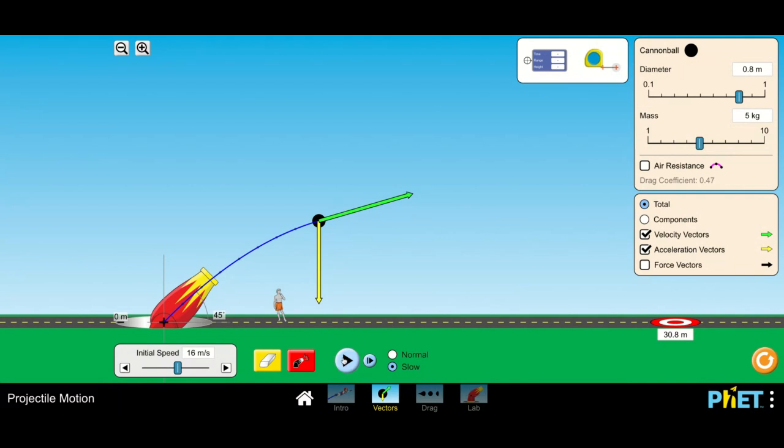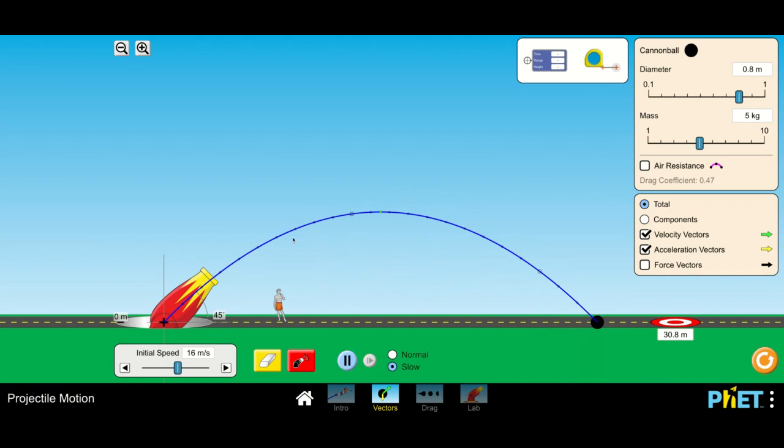That yellow vector there, that's our acceleration, always pointing downwards, and the green vector is our velocity vector, the total velocity of the object, and it's always going to be tangent to the path. Okay, so you can see as we watch it go, that velocity vector is always tangent to the path.